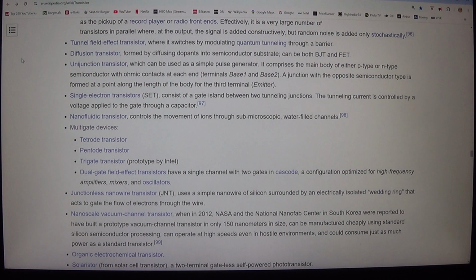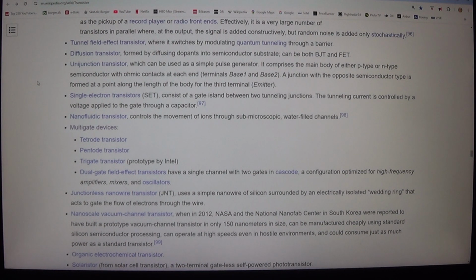5. Unijunction transistor, which can be used as a simple pulse generator. It comprises the main body of either P-type or N-type semiconductor with ohmic contacts at each end, terminals base 1 and base 2. A junction with the opposite semiconductor type is formed at a point along the length of the body for the third terminal, emitter. 6.